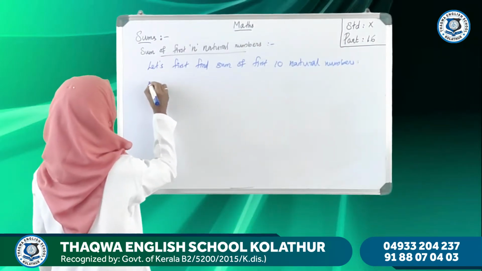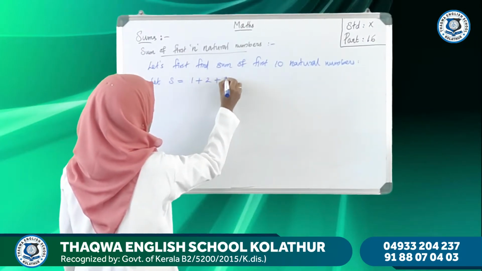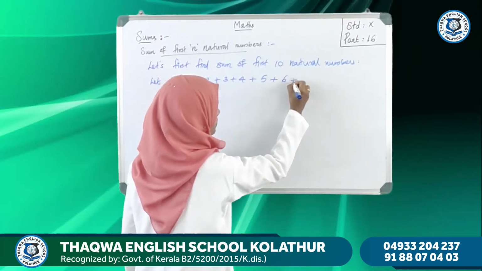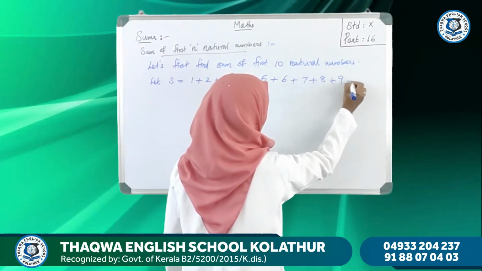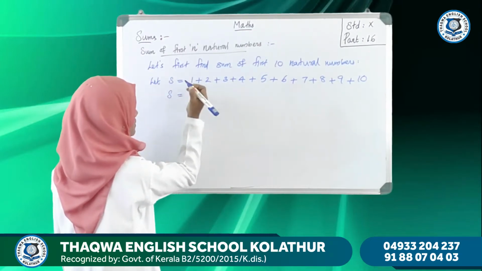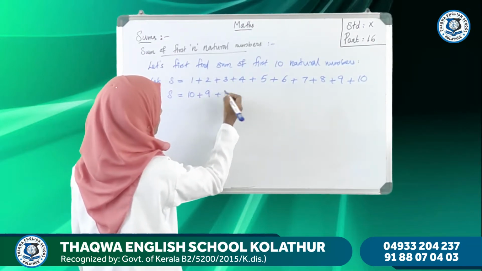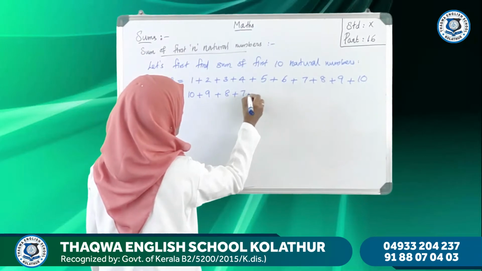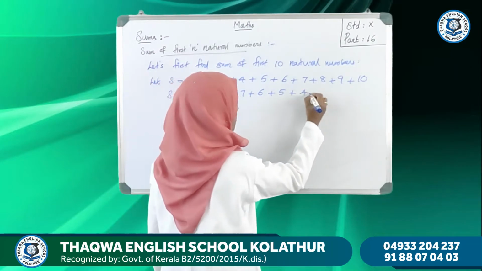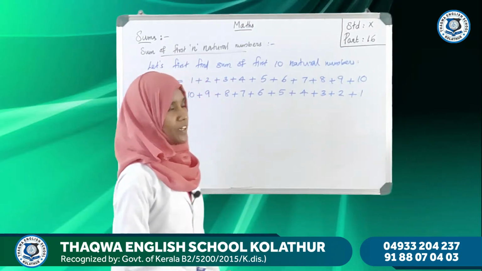Let S equal 1 plus 2 plus 3 plus 4 plus 5 plus 6 plus 7 plus 8 plus 9 plus 10, and also S equals, just take the reverse, 10 plus 9 plus 8 plus 7 plus 6 plus 5 plus 4 plus 3 plus 2 plus 1.